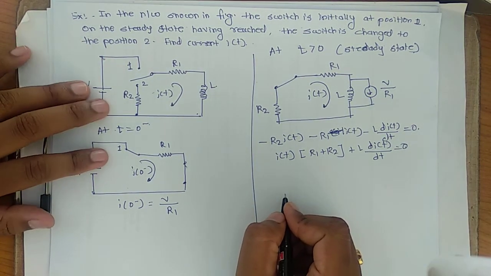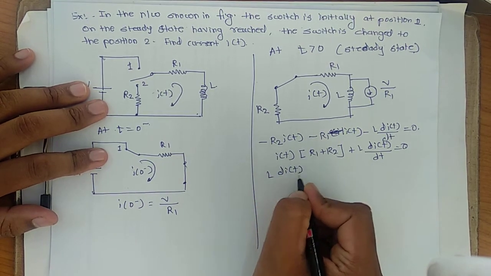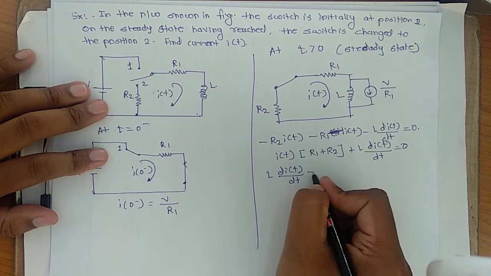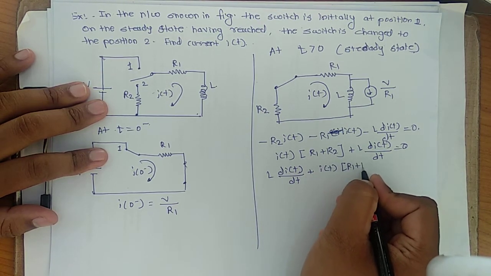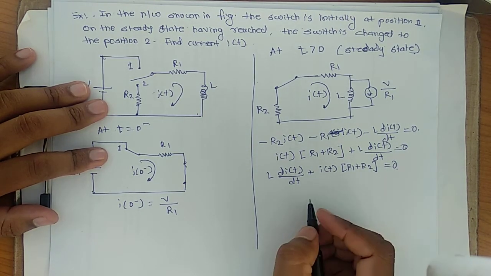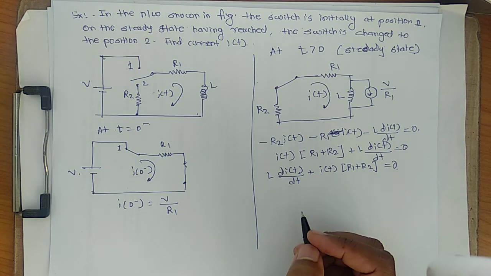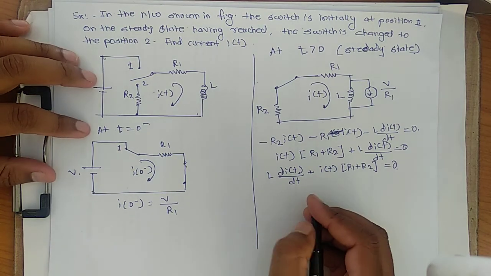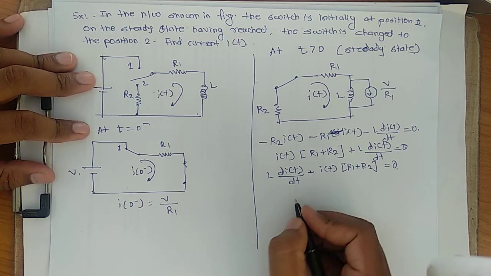Now again we have to simplify this. So this is the differential equation: dI of t divided by dt plus I of t times (R1 plus R2) is equal to 0. If you are solving this differential equation, what is the solution for I of t?